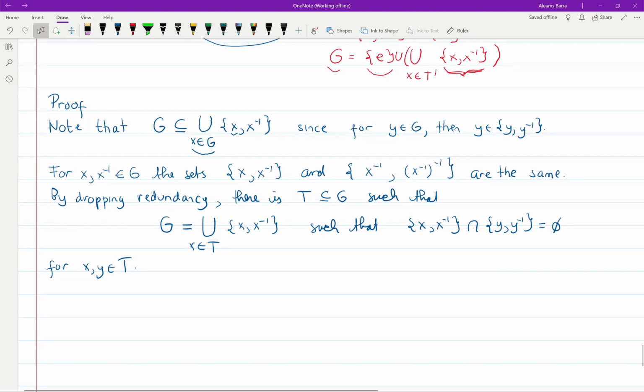Now we basically follow the same idea. Write G as follows.